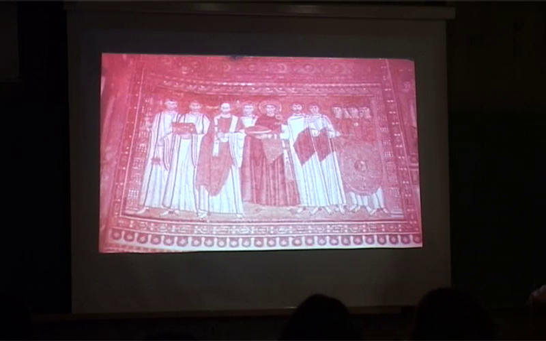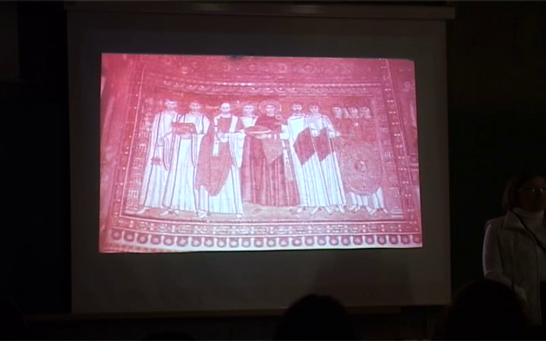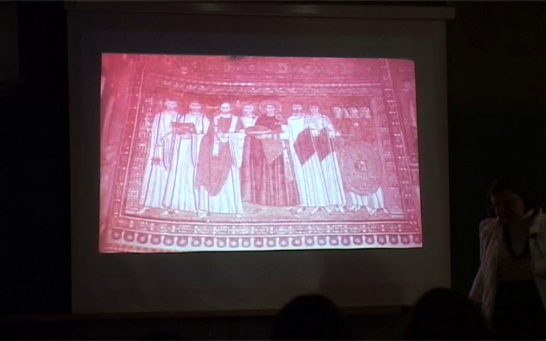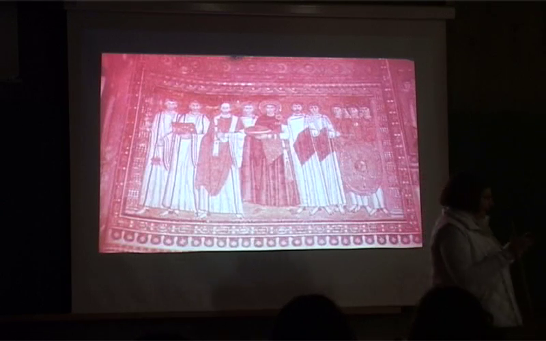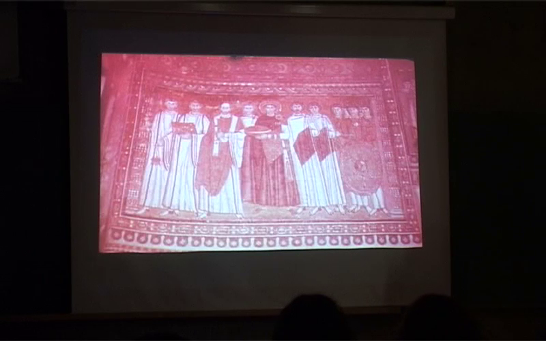But within the apse, again, you have a composition which places Justinian and his court in a sphere where they are perceived together with Christ. Even though the emperor is emphasizing his juxtaposition with the representation of Christianity, the hierarchy is quite clear.